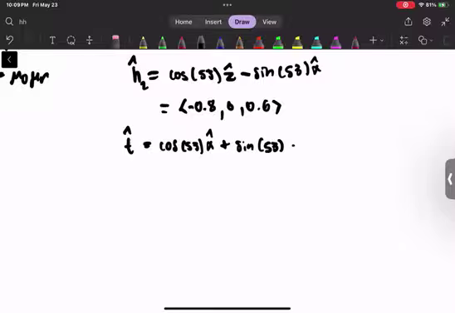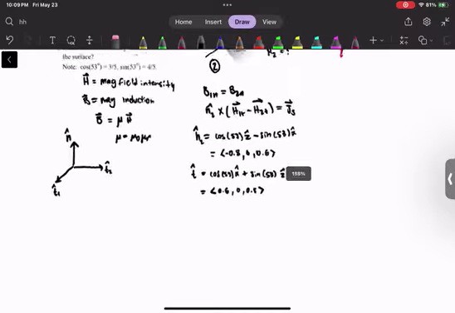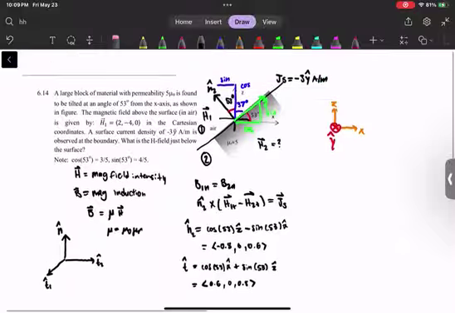Sine 53 is our z. So our tangent is our t hat. If we put this in vector notation, it's going to be 0.6, 0, 0.8. So now we have our n hat, our t hat.